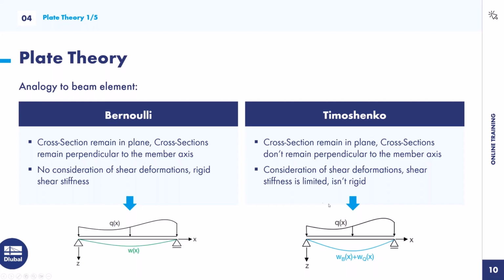So it isn't rigid. For the Bernoulli beam, the cross section remains flat, same as for the Timoshenko beam, and for Bernoulli the cross sections remain perpendicular to the member axis. This is not the case for the Timoshenko beam.